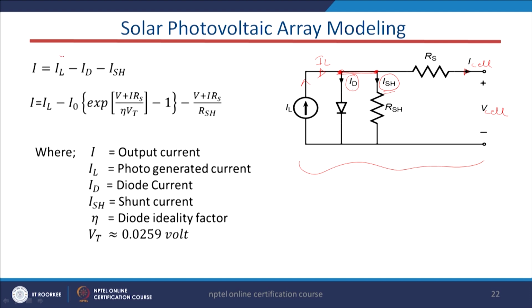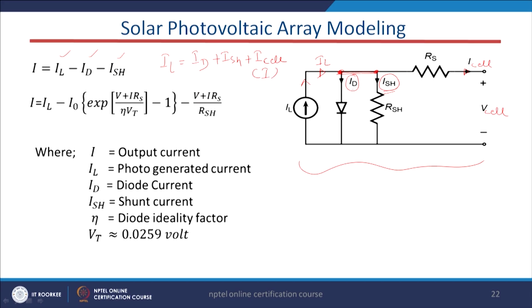So, this is how I have written here. First I will write IL is equal to ID plus ISH plus I cell, or here we have denoted I.